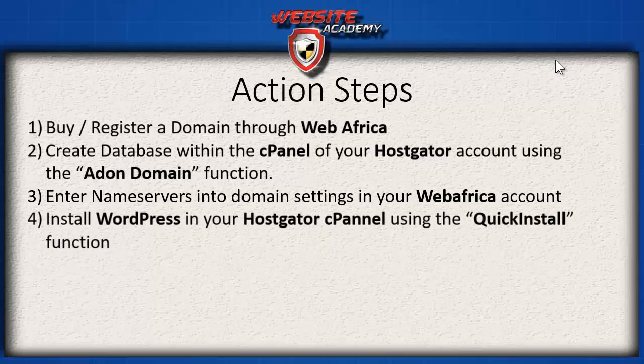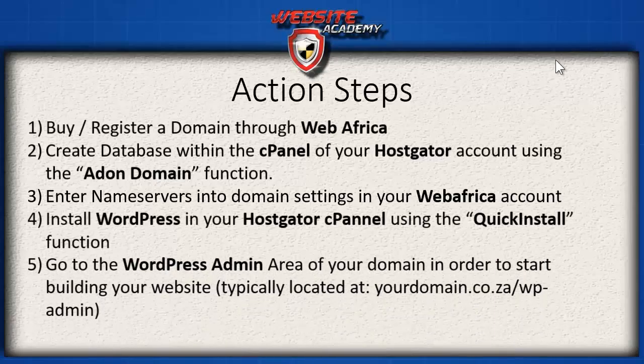You then have to wait about 24 to 48 hours for the propagation period to take place. And once that's happened, you need to install WordPress. And once you've installed WordPress, you'll see your site live when you type the domain name into your browser. Once you see your site live, you can now head over to the admin section, which is the back end of WordPress, where you will be able to do all the editing necessary to build your website.